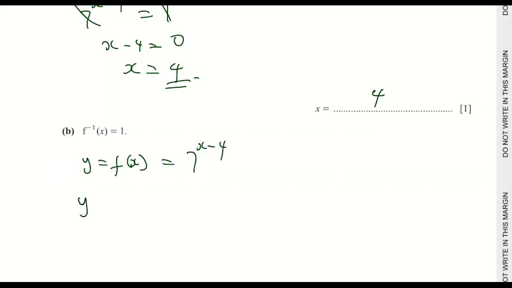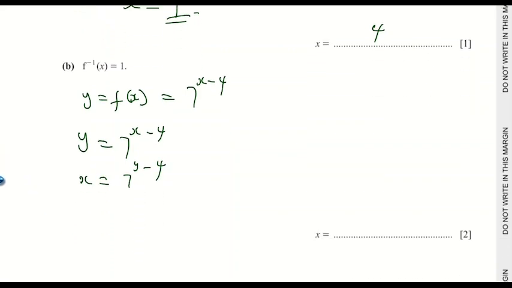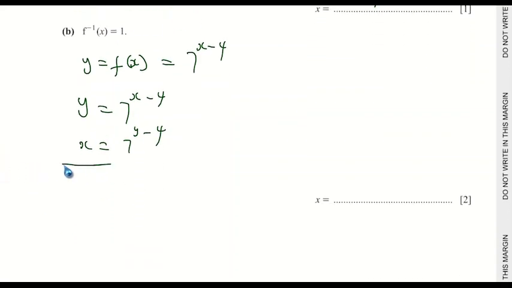So y equals 7 to the power of x minus 4. Now let's turn y to x, then x to y. Now let's take log. This is another exponential function. Definitely you need logarithm to solve this. That's the easiest way to solve this.